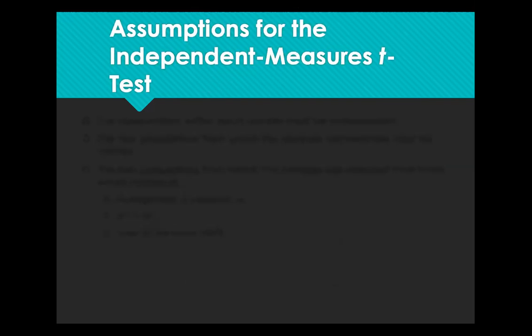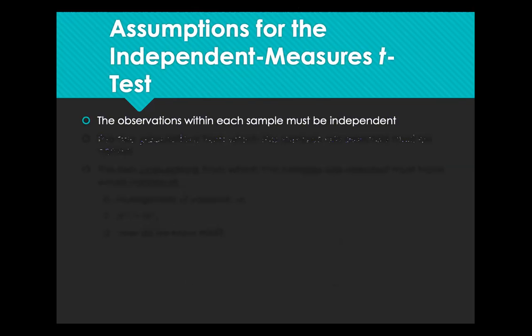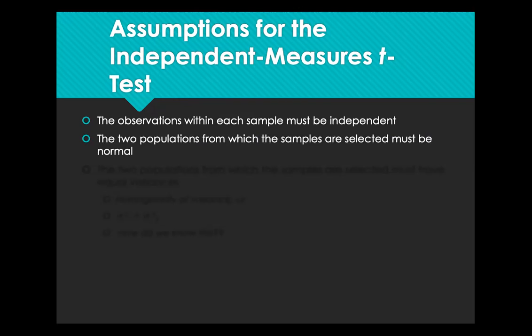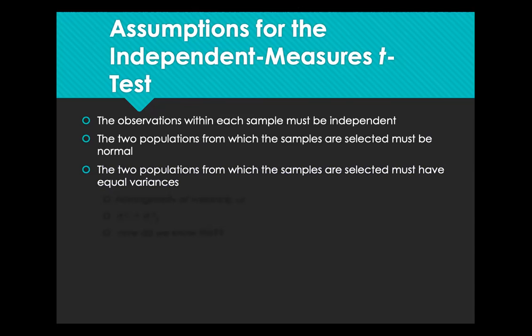Okay, a few assumptions of the independent measures t-test. The observations within each sample must be independent. The two populations from which the samples are selected must be normal. And the two populations from which the samples are selected must have equal variances.